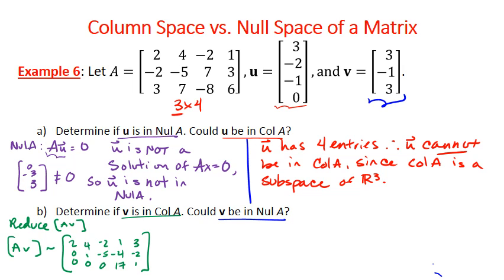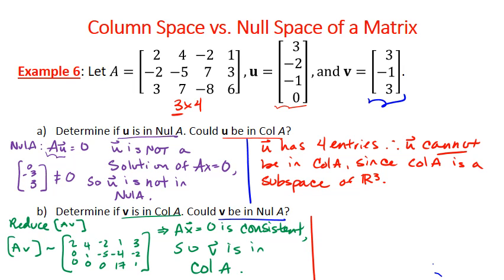Okay, so we have this. Now looking at this, just by observation, we can tell that this is consistent. So vector v is in the column space of A. All right, so could v be in the null of A? Well, now it's similar to the situation we had here.